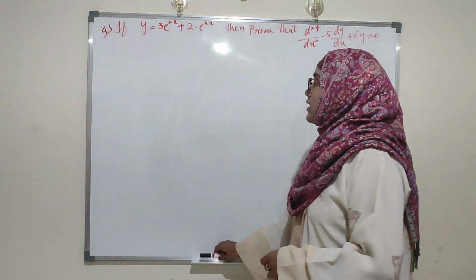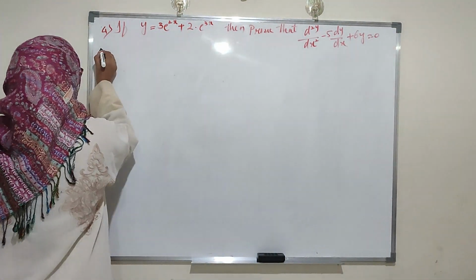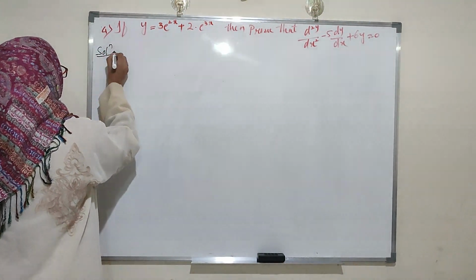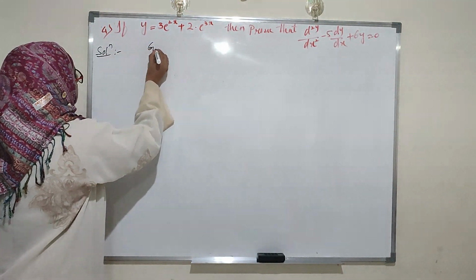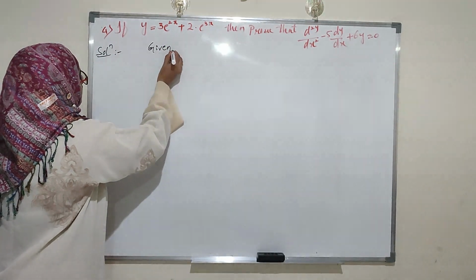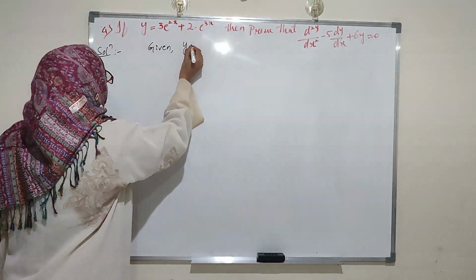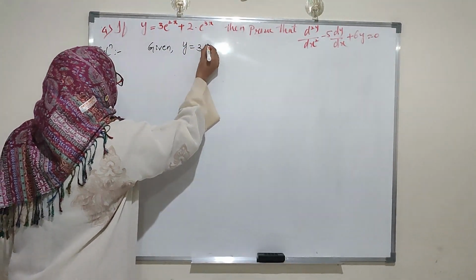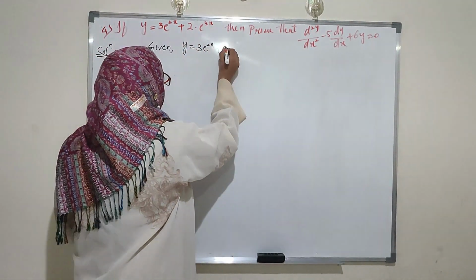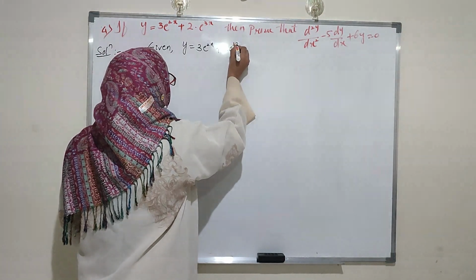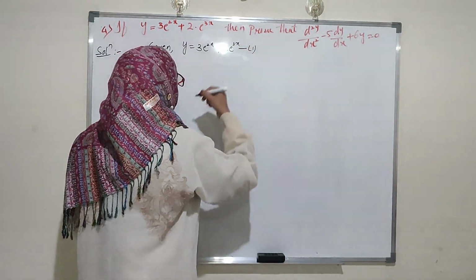Now write down the solution. First write the given. What is given to you? Given y is equal to 3 e raised to 2x plus 2 e raised to 3x. Name this one as equation 1.